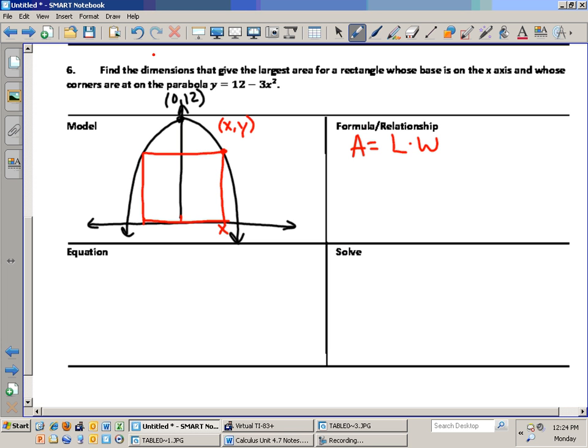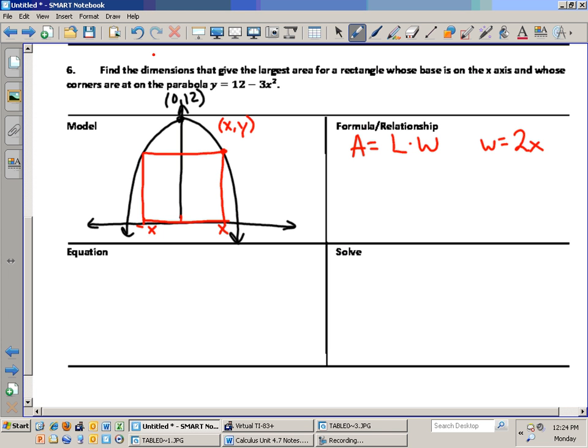So what would this spot be over here? Negative x units. So what's that total distance? 2x. See how I have x units to the right, I have x units to the left. I have 2x is going to be my width. So I have width is equal to 2x. Great.